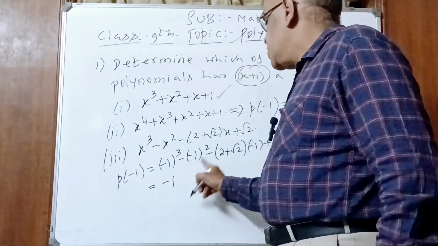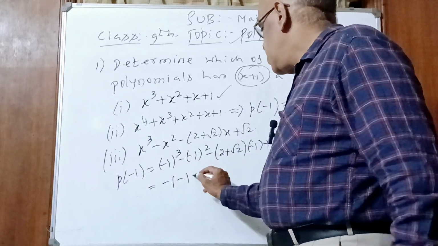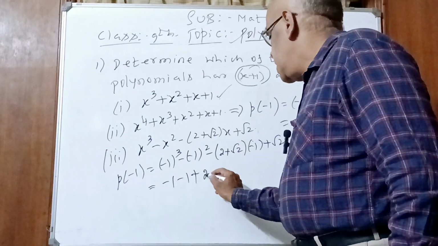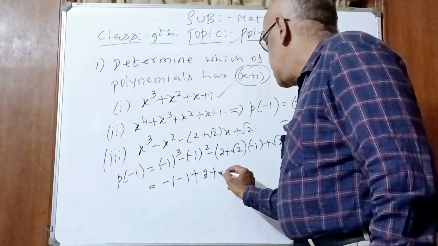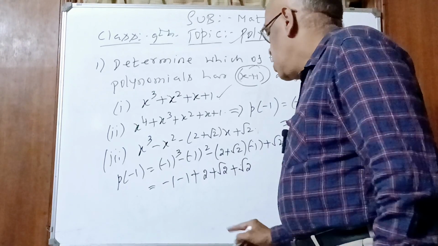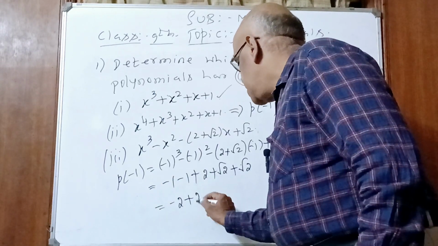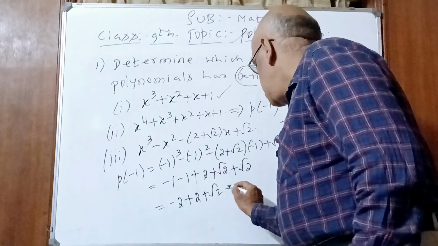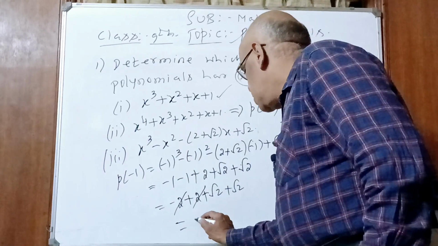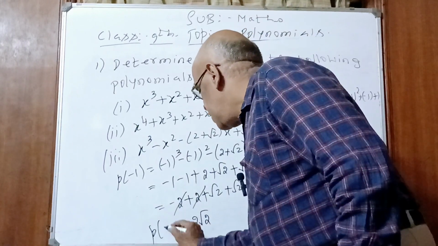Minus 1 square is plus 1, and minus into minus is plus. So write it as 2 plus root 2 plus root 2. What do you get, children? Minus 1 minus 1 minus 2 plus 2 plus root 2 plus root 2. What is the answer? 2 root 2. What is that? P of minus 1.